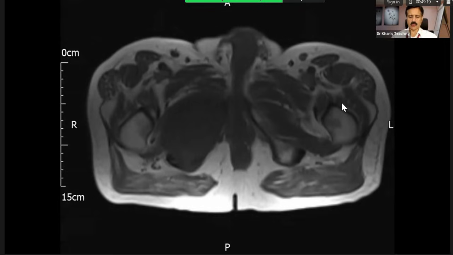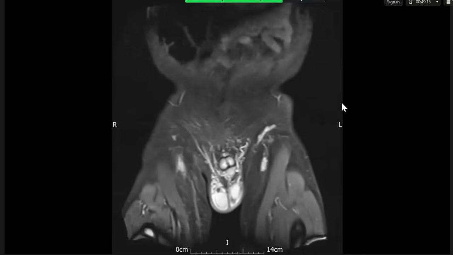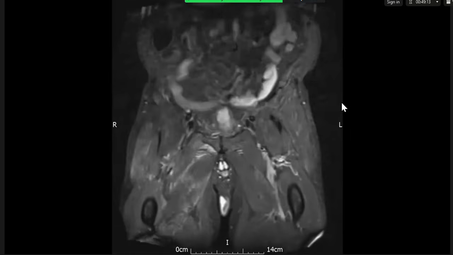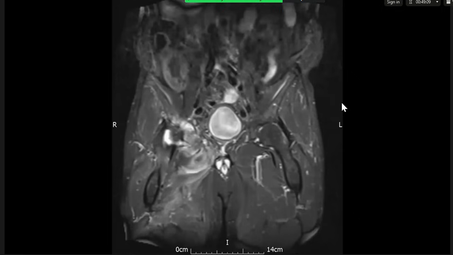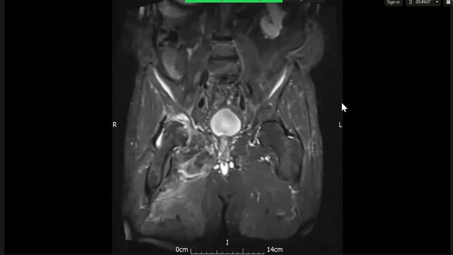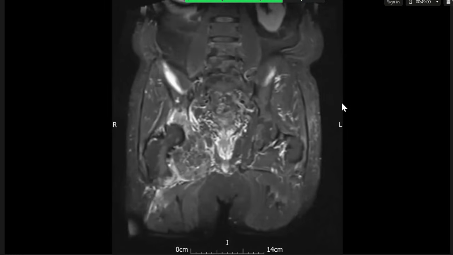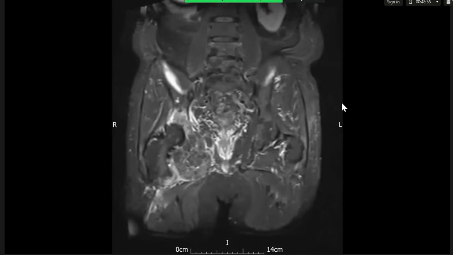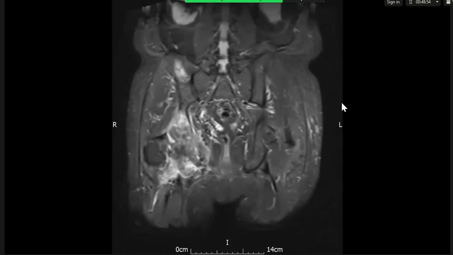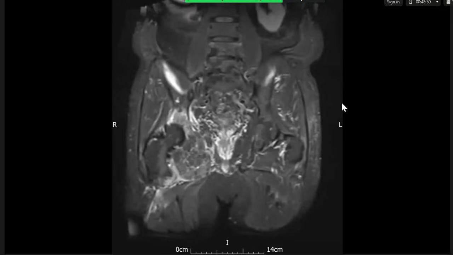Okay. So now this is fluid sensitive, fat suppressed, and the lesion that I was describing is of heterogeneous density with hyperintense septa and marrow edema in the surrounding bone of the upper femora, but it's completely replacing it.